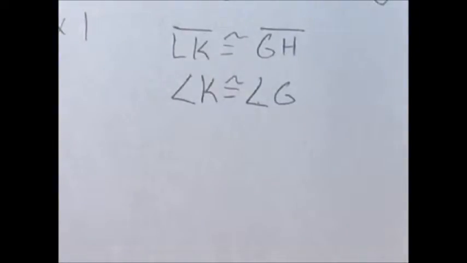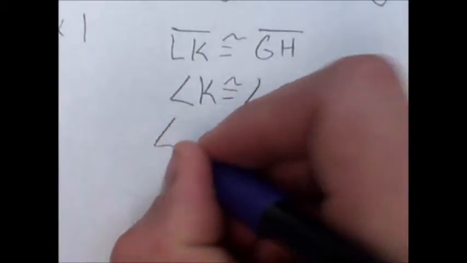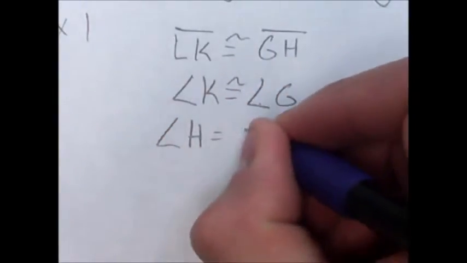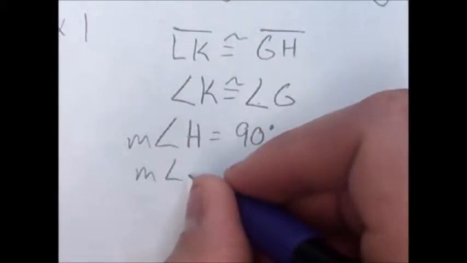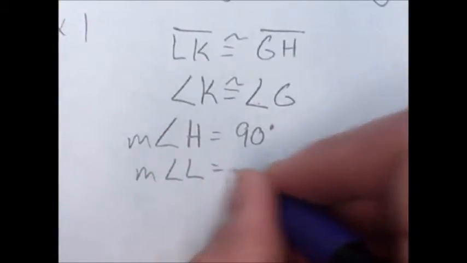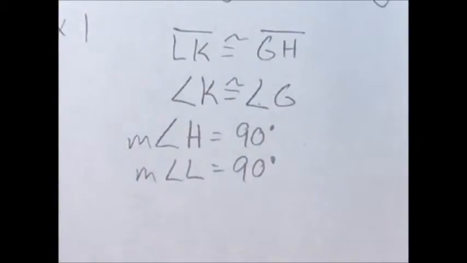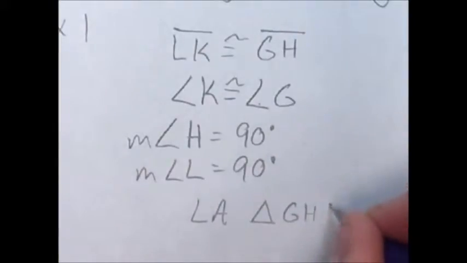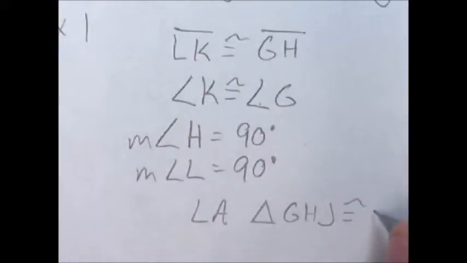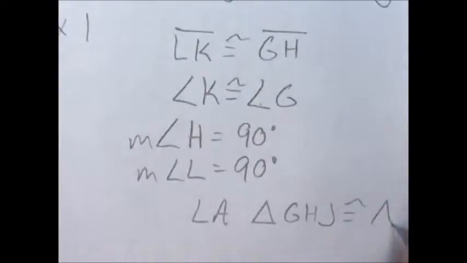You also need to know that angle H is equal to 90 degrees, which makes it right, and angle L is equal to 90 degrees, which makes those right. So by leg angle, we prove these two triangles congruent: triangle GHJ is congruent to triangle KLM by leg angle.